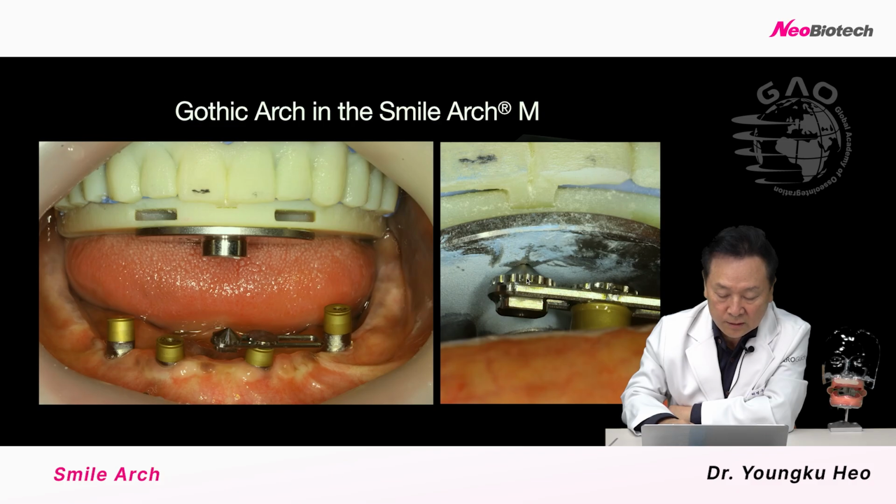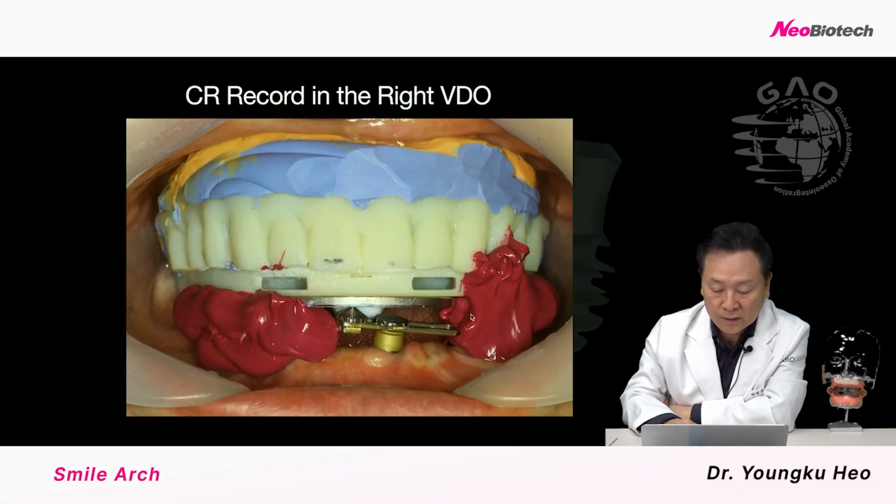Once we let the patient move from the posterior to the anterior or side by side, we get this arrow point. So this is the very exact CR point, so that we can position this mandible to this point, and we get the right CR record here.